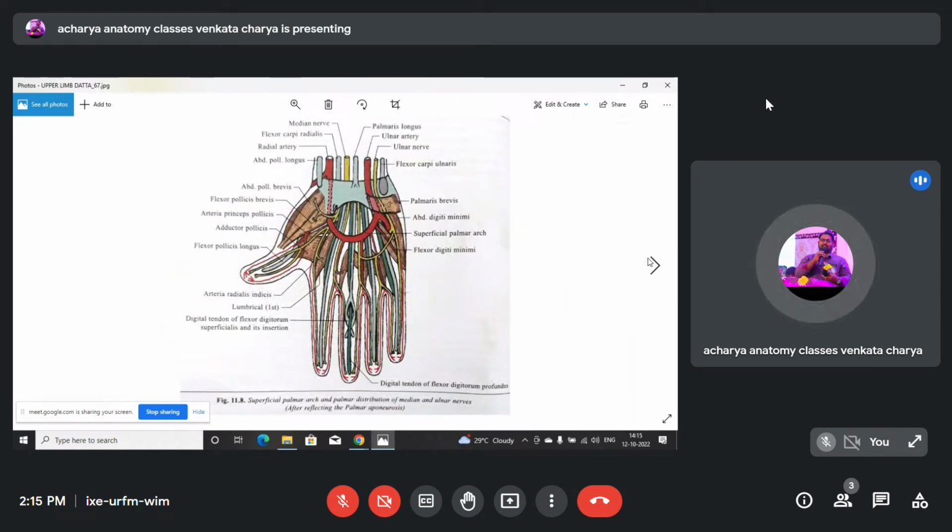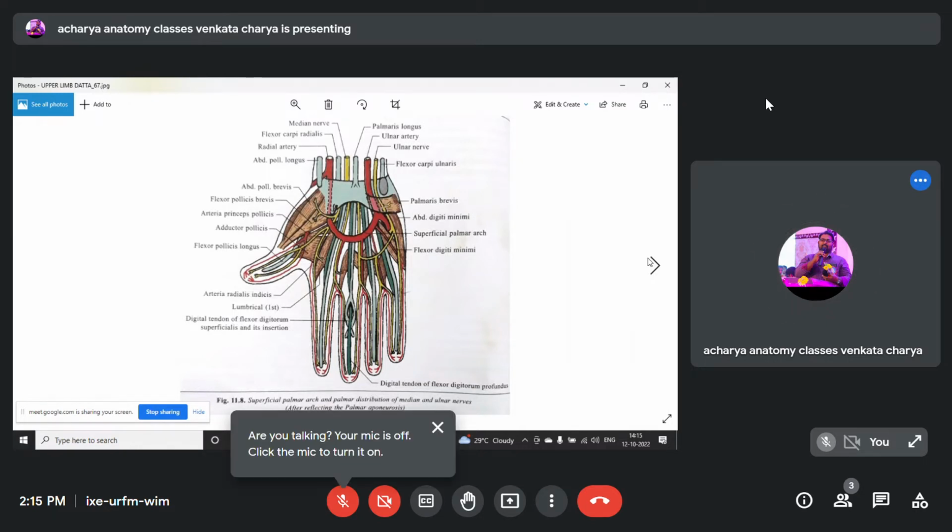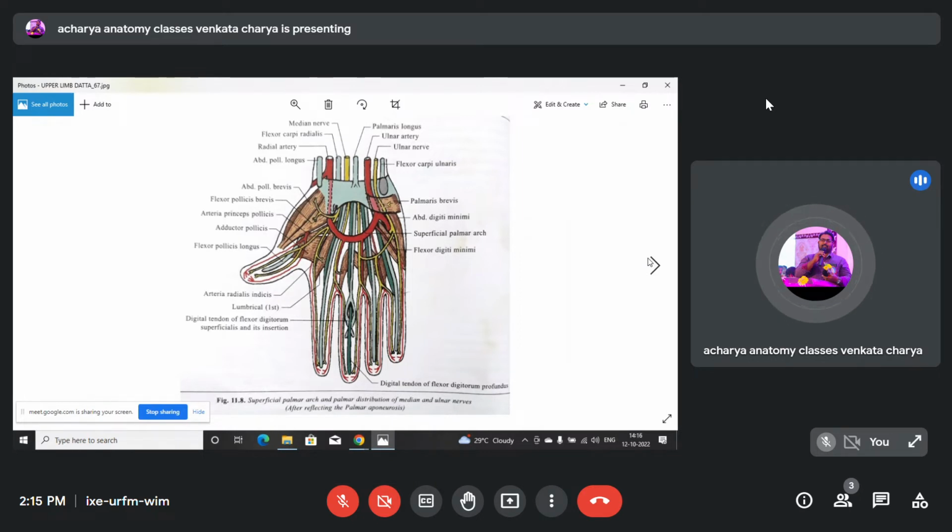So first we discuss the anterior transverse branch, posterior transverse branch, then superficial palmar branch of the radial artery, and deep branch of the radial artery.